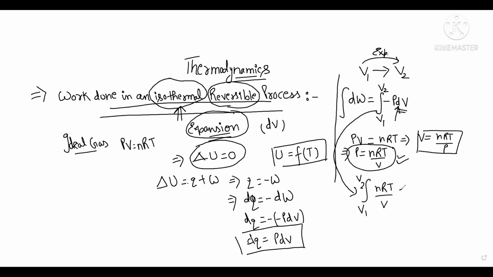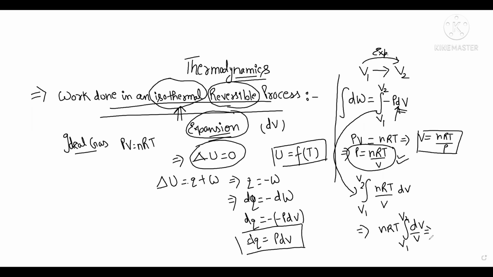by V, dV. Now, the number of moles for a particular amount of ideal gas, the universal gas constant, and the temperature are all constant, because the process is isothermal. R is a constant value, and the number of moles for the particular amount of gas taken will also be constant. So this comes out to be nRT. Now the part to be integrated is dV by V under the limits V1 to V2.